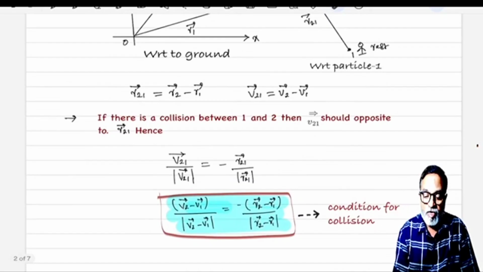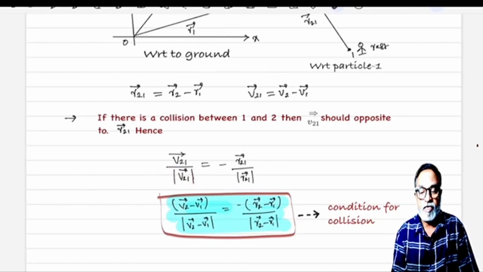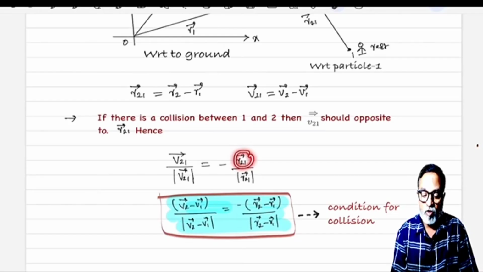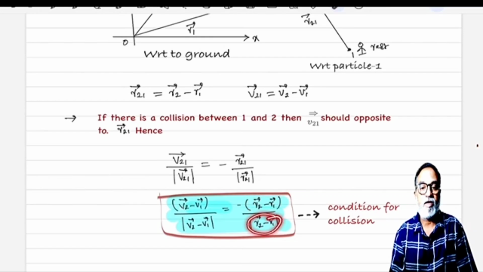Therefore, the unit vector of velocity, v21 bar by modulus of v21 bar, should be opposite to the unit vector of the position vector, r21 bar by modulus of r21 bar. This we can write down: v21 bar means v2 bar minus v1 bar, and modulus of v2 bar minus v1 bar, is minus of r2 bar minus r1 bar by modulus of r2 bar minus r1 bar. See, this is the condition for collision.